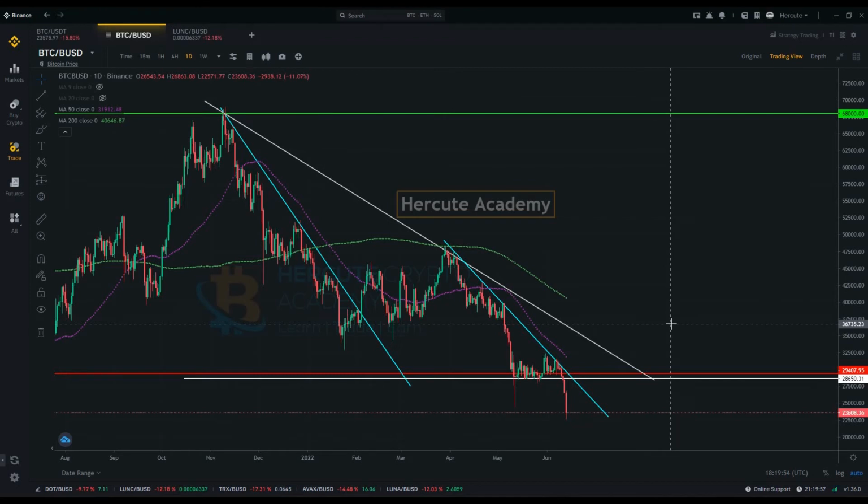The people who will become millionaires in 2024 are those people who are accumulating assets at these low levels. Okay? Because when the bull run comes, notice what happened in 2017. When the bull run came in 2020, it surpassed the previous all-time high of 20,000 and even did 3 times more from its previous all-time high.